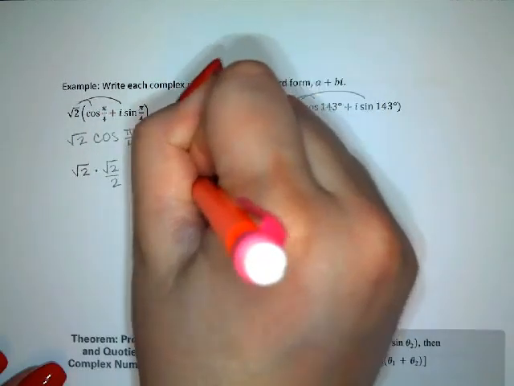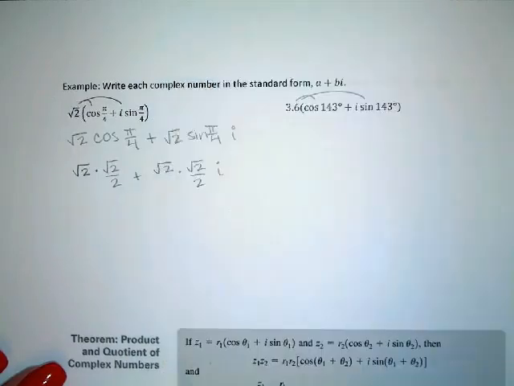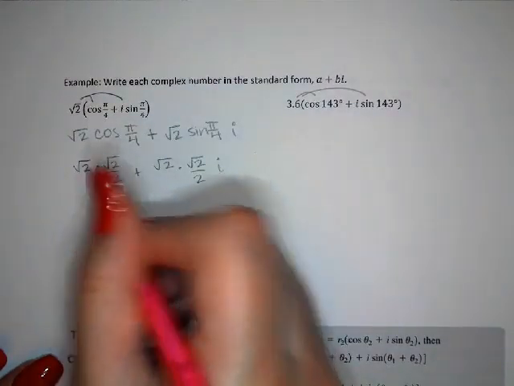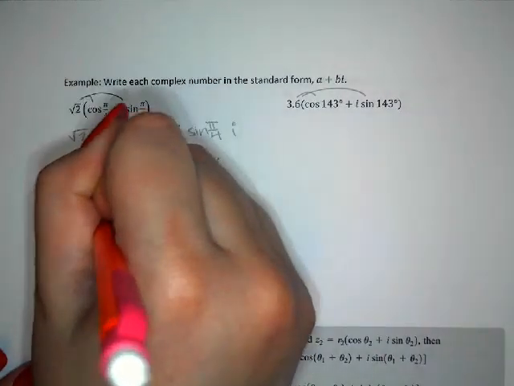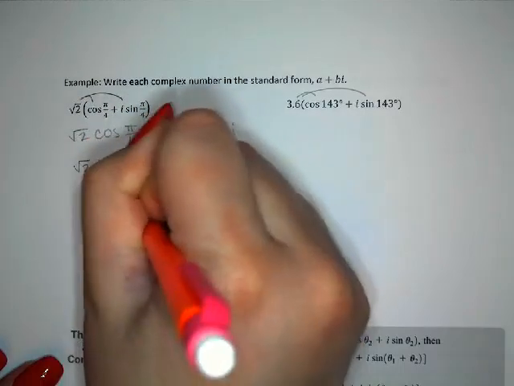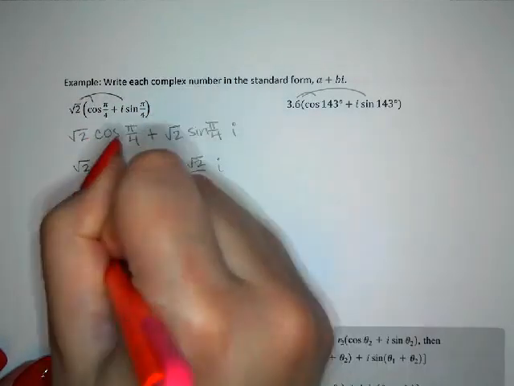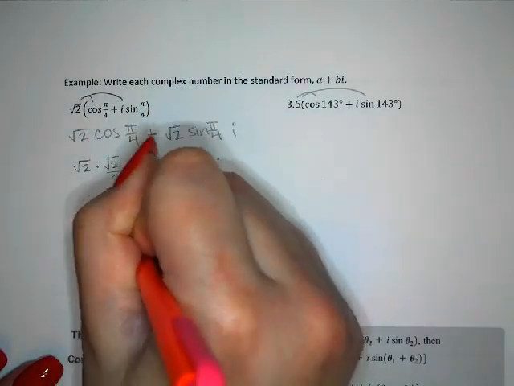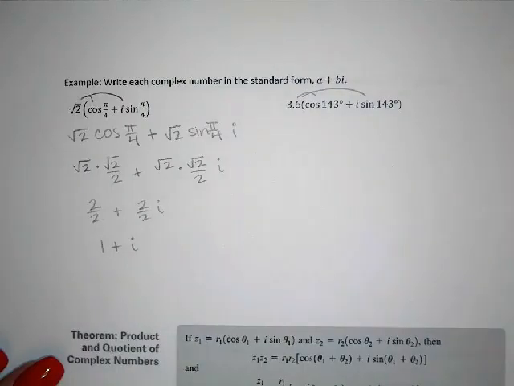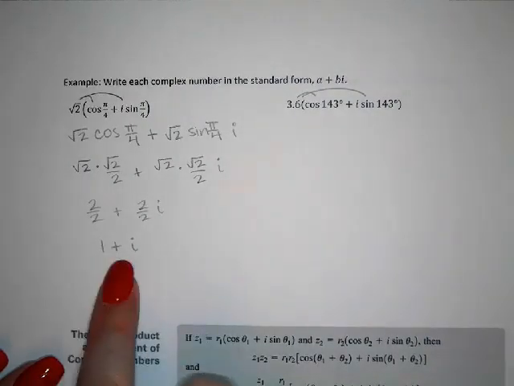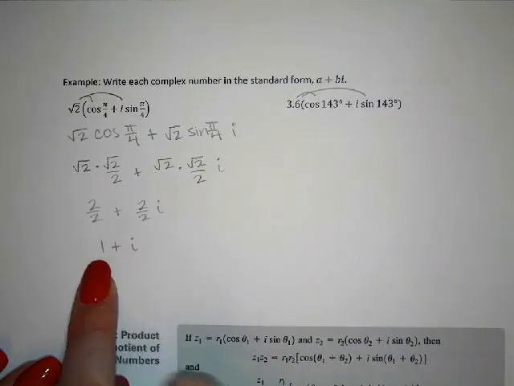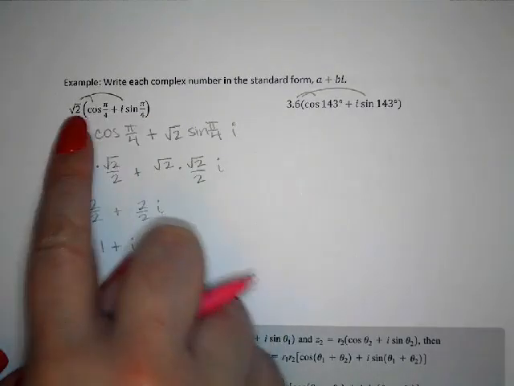So root 2 times root 2 is just 2, so we have 2 over 2. So that's 1 plus 1i, or 1 plus i. So this is the complex number in standard form. This is the exact same thing in the trigonometric form. It looks different, but they're identical.